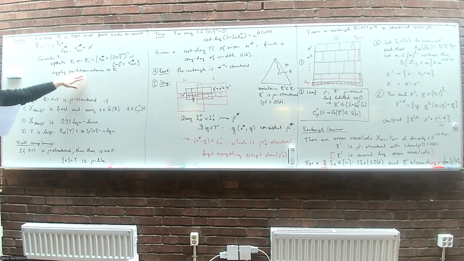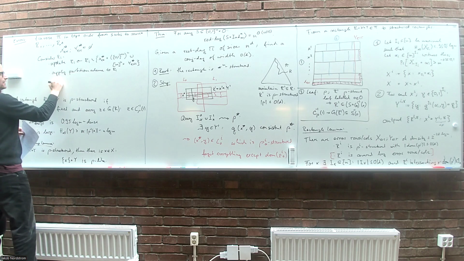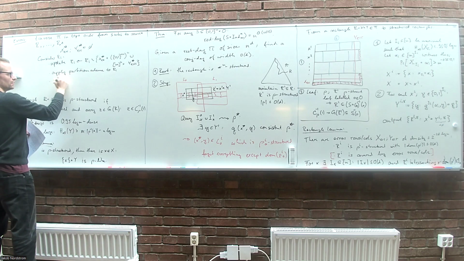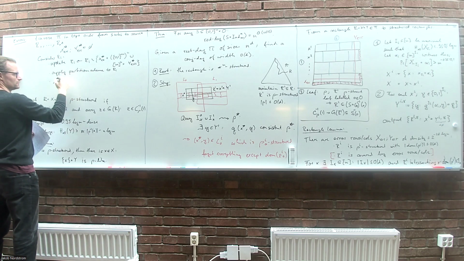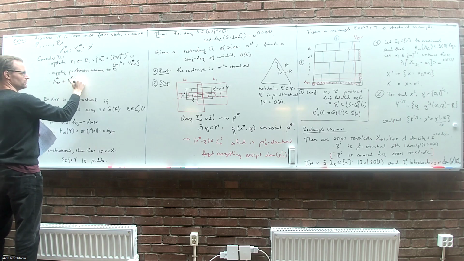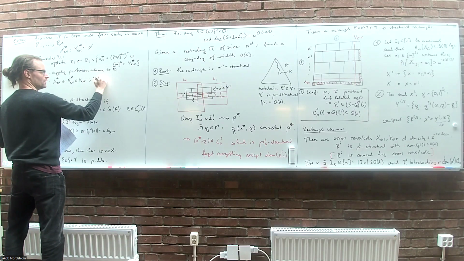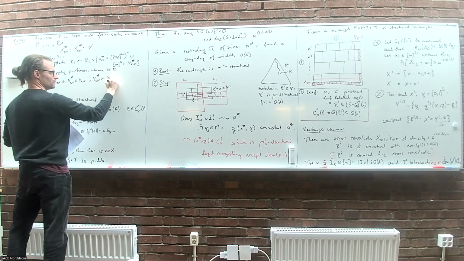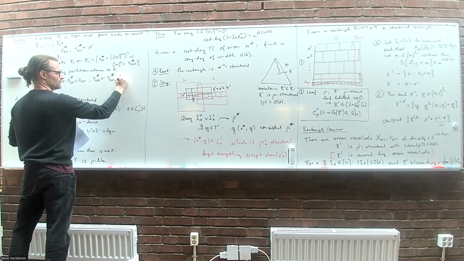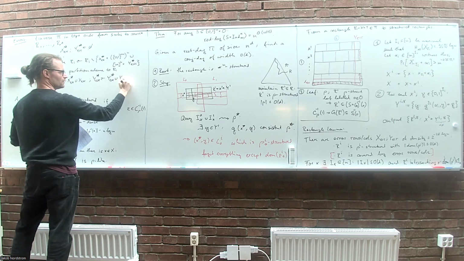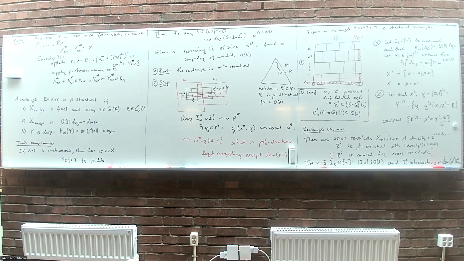Then we update X error to just include the errors we encounter now, so union X error, and similarly for Y error. Okay, is this clear? What happened?